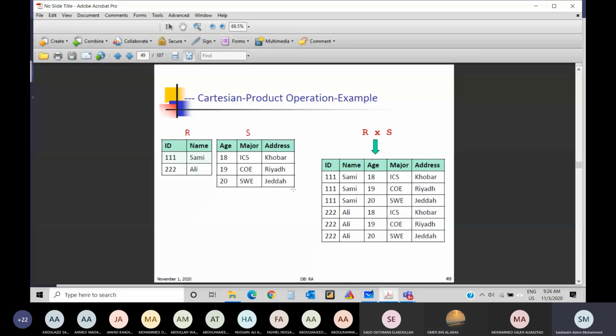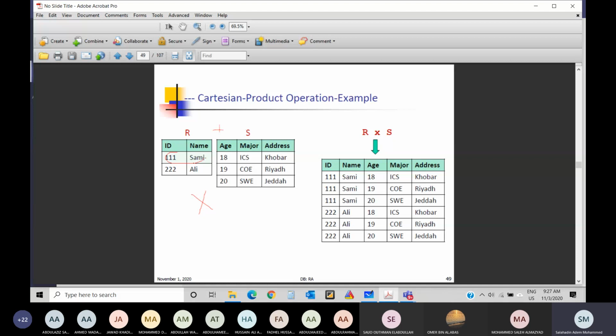The number of rows of the Cartesian product table is the multiplication of the number of rows here times the number of rows here. And the number of columns is the addition of the two. So the number of columns, you have to add them, and the number of rows, you have to multiply them. Because Sami will appear 3 times, like this one: 111 Sami, 111 Sami, 111 Sami.